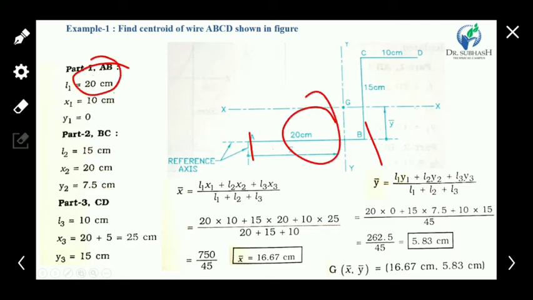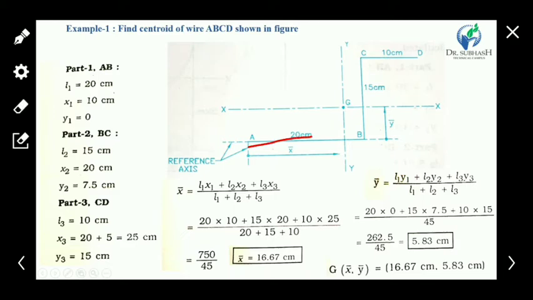Now x bar for AB is indicated by x1. So x1 of this element is 10 centimeter, and y1 of this element is 0 because there is no height from the reference axis. So y1 is 0.